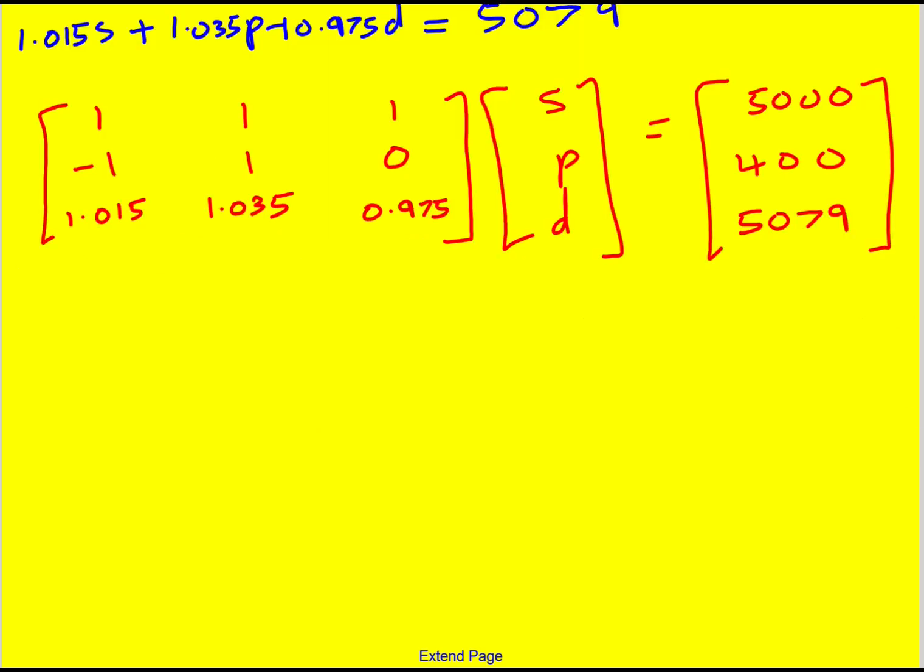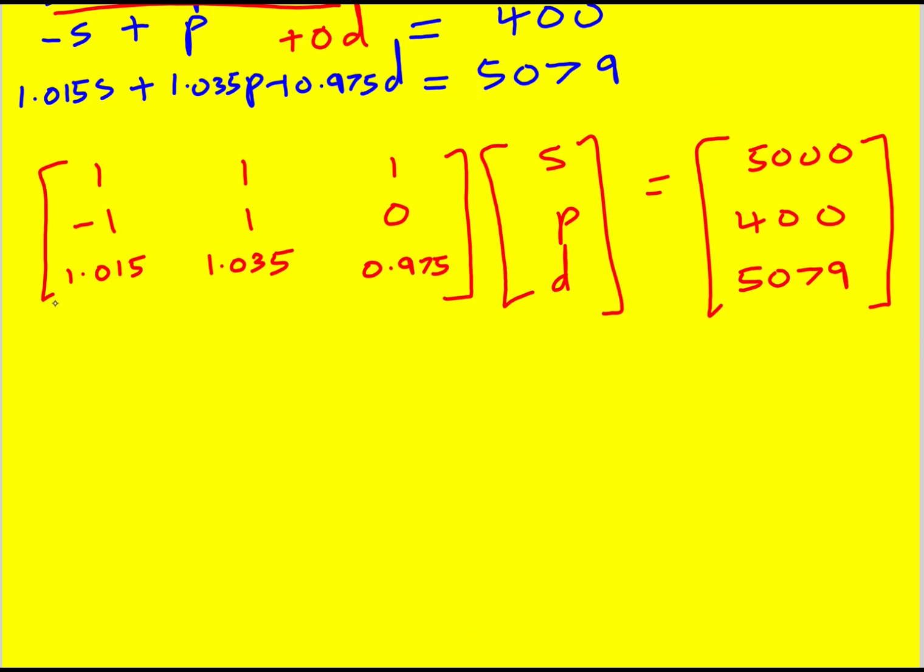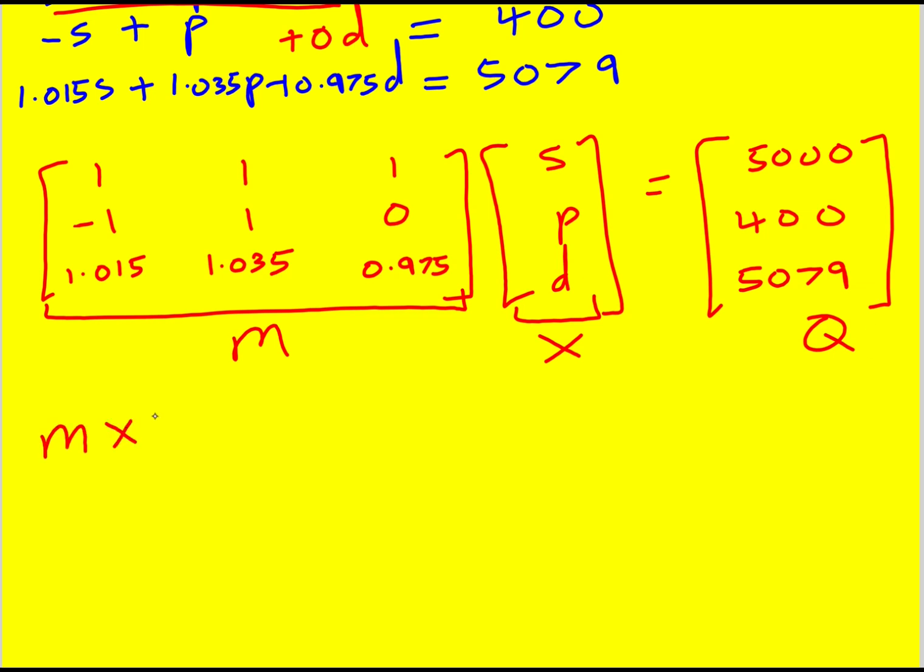Perfect. So what we can now do is say that this here is M, this is X, and I don't know, what should I call this? Q. So we've written it as MX equals Q, therefore X is going to be the inverse matrix times Q. We are pre-multiplying both sides by the inverse matrix.